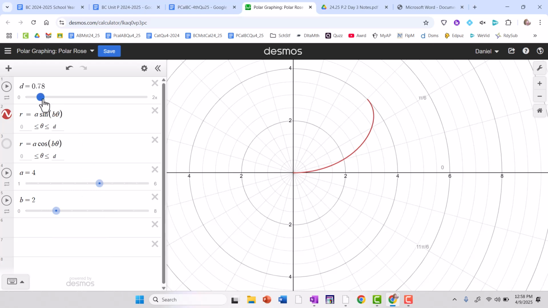I'm going to toggle this, and then where do you think this is going to go next? Quadrant 2, 3, or 4? It's actually going to go to 4. Why? Because this is when I plug in 3 pi over 4. 3 pi over 4 is over here.